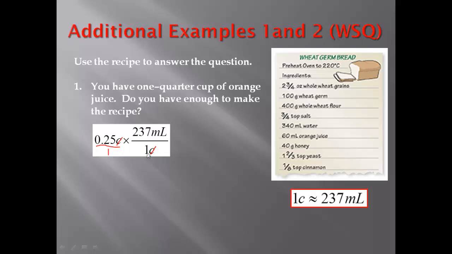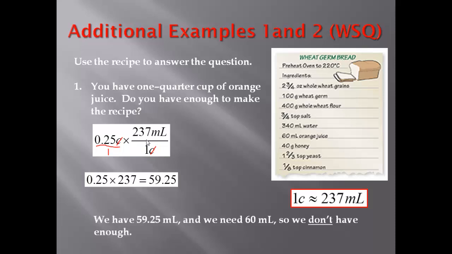So the 1 is going to go on the bottom because it goes with cups, and 237 milliliters would be on the top. Now we're going to multiply straight across. So we're going to be multiplying 0.25 or 25 hundredths times 237, and when we multiply that, we get 59 25 hundredths.